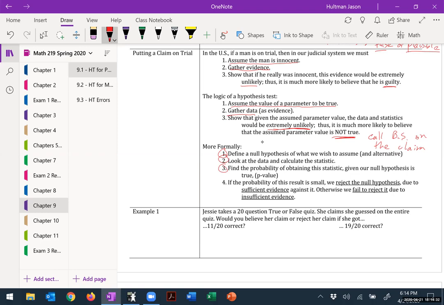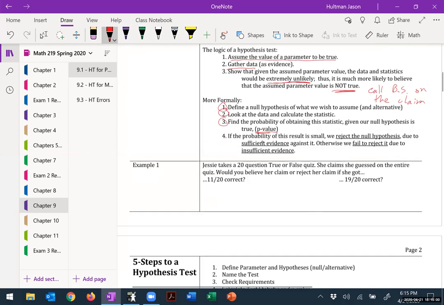That's our p-value. And number 4, if the probability of the result is small, we reject the null hypothesis due to sufficient evidence against it. Otherwise, we fail to reject, we fail to convict due to insufficient evidence. We have insufficient evidence here.